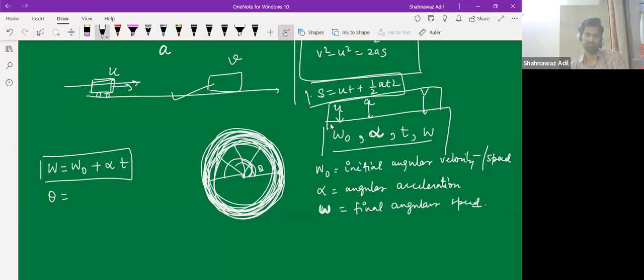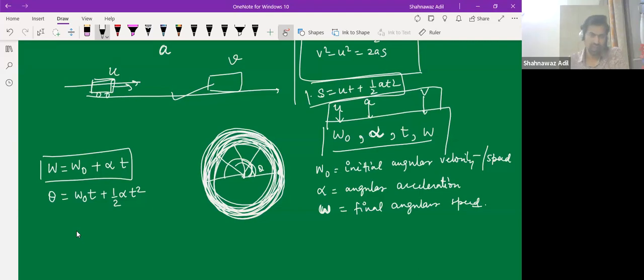Initial angular speed or velocity, yeah, omega naught, into time, plus half alpha into time square, right. Yes, absolutely correct. Is that correct, everyone?